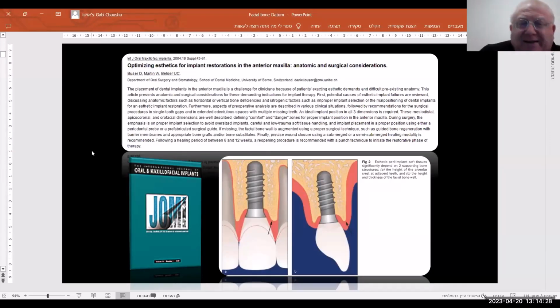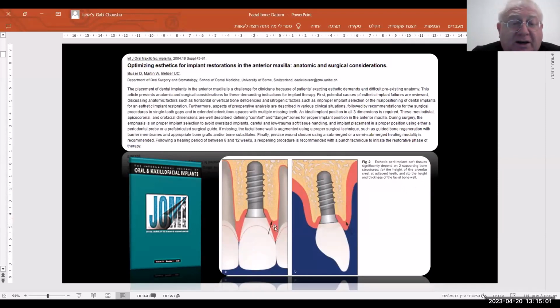If we look at the literature, there are 2 classical articles concerning aesthetics. This one comes from Belzer and Bruiser, 2004, trying to describe what will determine the facial aesthetics. And basically, there are 2 issues that will give you the best aesthetics. One is the height of the alveolar crest of the adjacent teeth, and two is the height and thickness of the facial buccal wall.